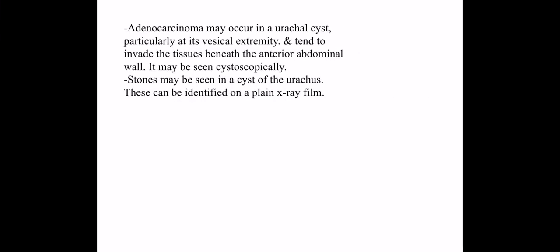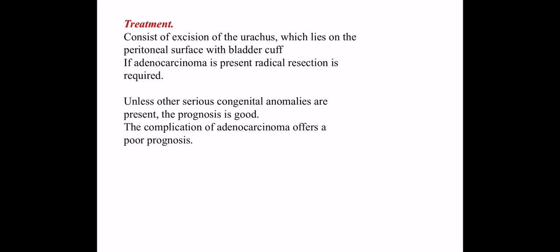Adenocarcinoma may occur in the urachal cyst, particularly at its vesical extremity, and tends to invade the tissue beneath the anterior abdominal wall. It may be seen cystoscopically. Stone may be seen in the cyst of the urachus. These can be identified by plain X-ray film.